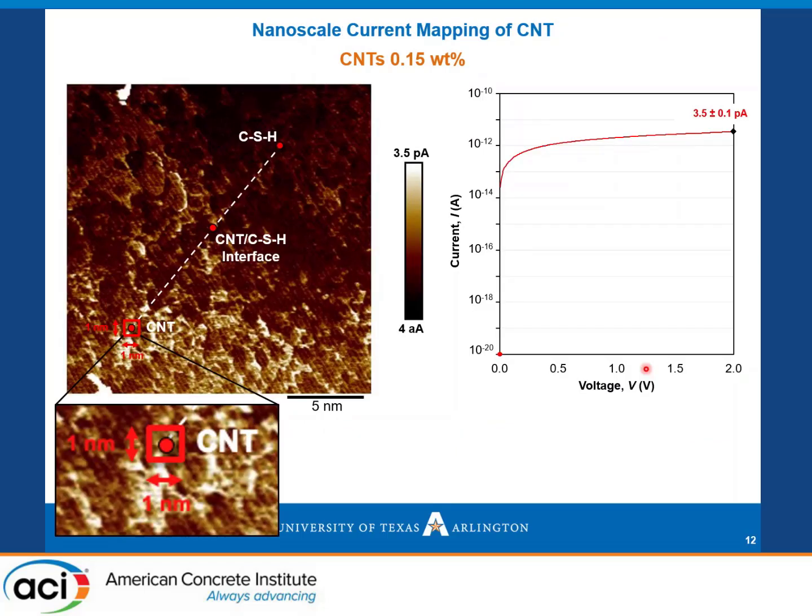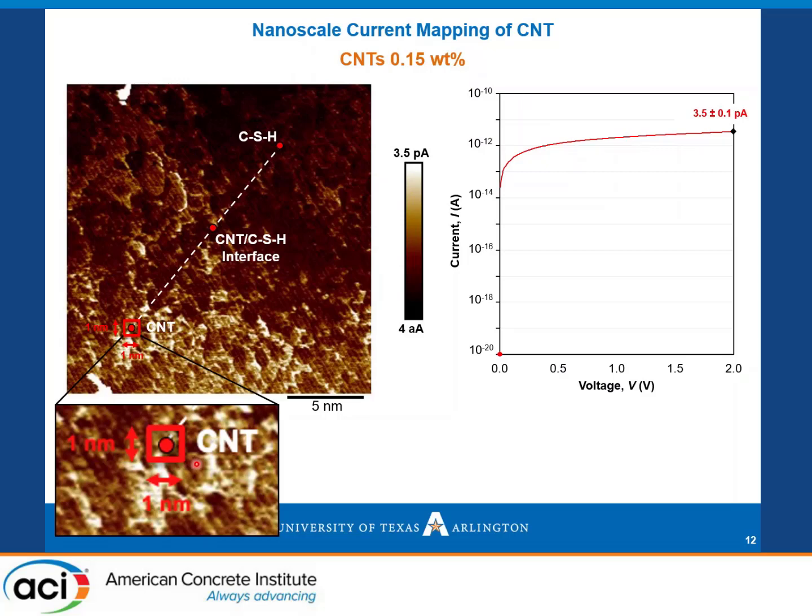So, using this nanoscale current mapping, this 5 nanometer resolution mapping, we measured the current to voltage. We applied voltage up to 2 volts, and we measured the current at 1 nanometer spots. We used our AFM tip. We control the penetration of the AFM, so we can obtain spots at 1 nanometer edge.